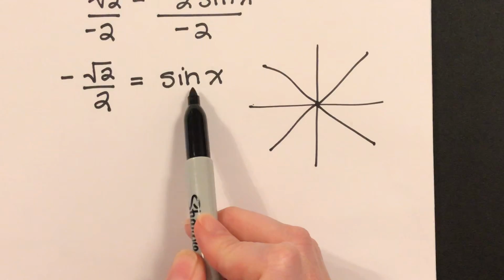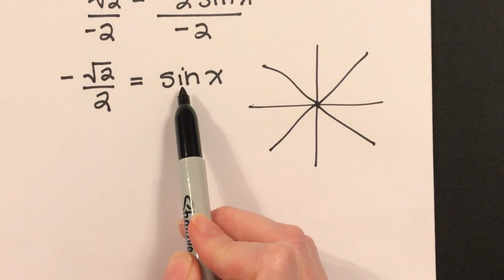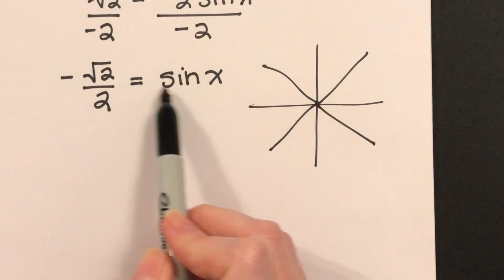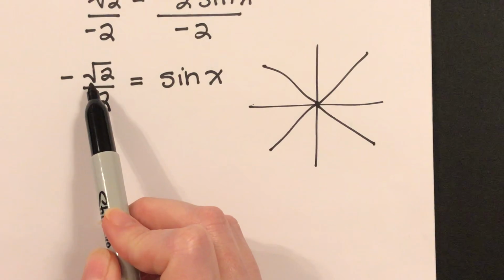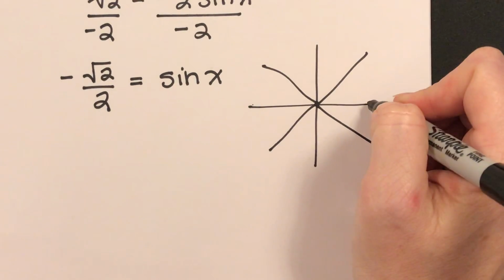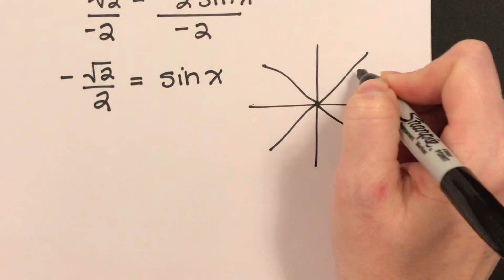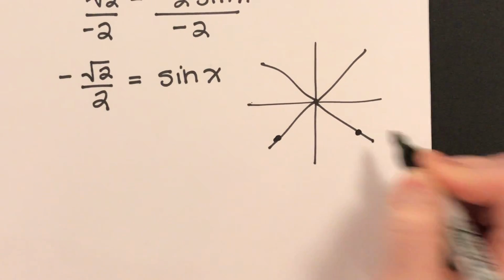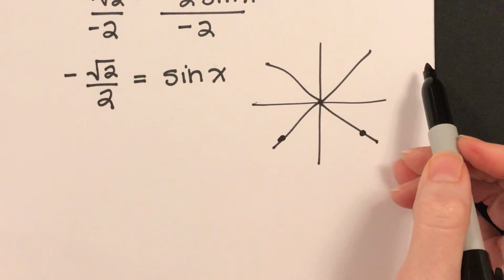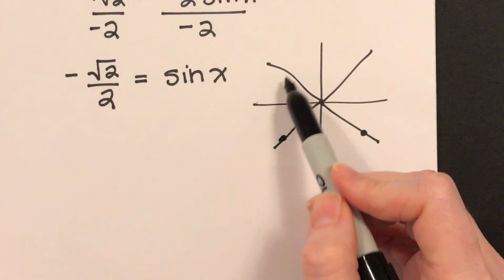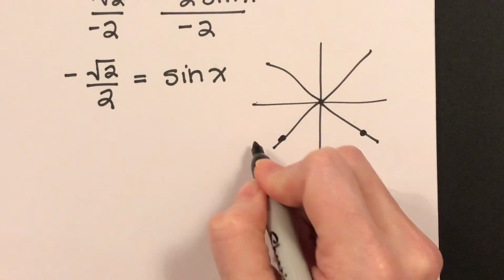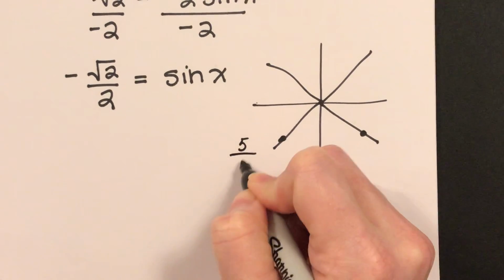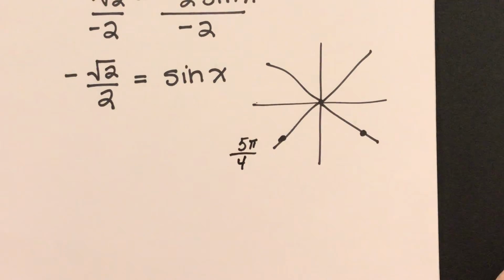Sine applies to the y value. So where on here is the y value negative? We've got obviously positive y values up here and negative down here. So this is 1, 2, 3, 4, 5/4, or 5 pi over 4.